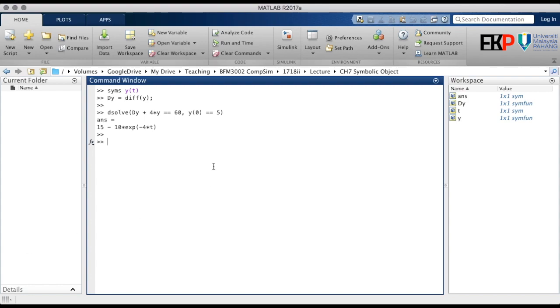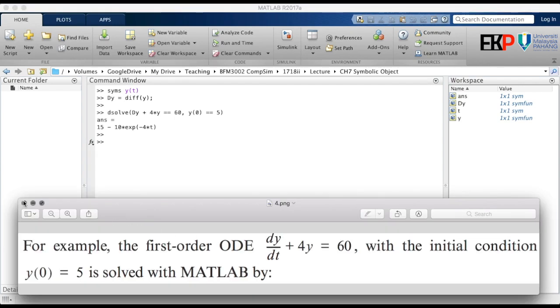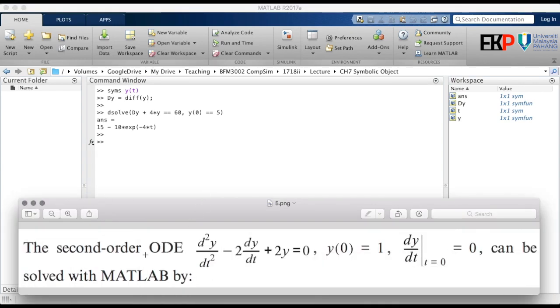We can also solve the second order ODE to get a particular solution as well. In this case, we have d2y over dt square minus 2 dy dt plus 2y equals to 0.